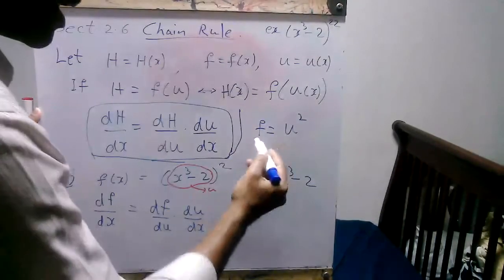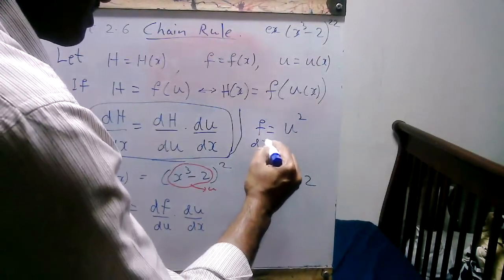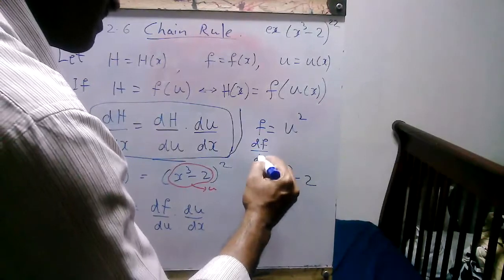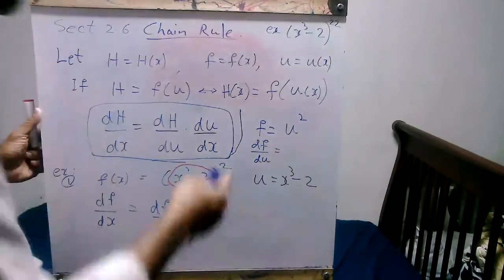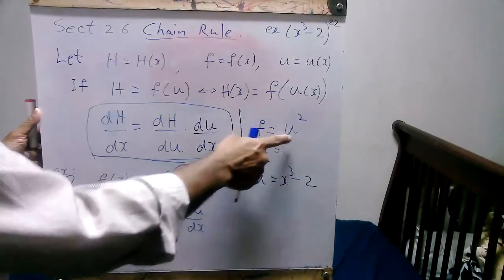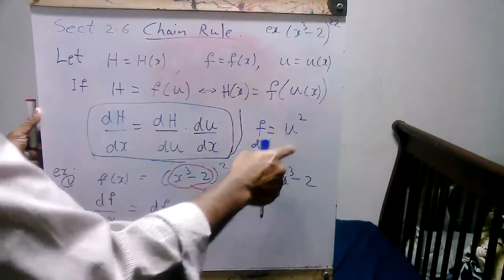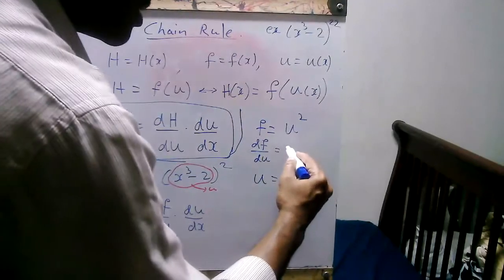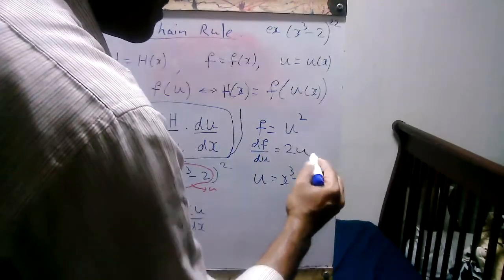Then what is df du? Means if you differentiate f with respect to u, f is u square, use the power rule, this is 2u.